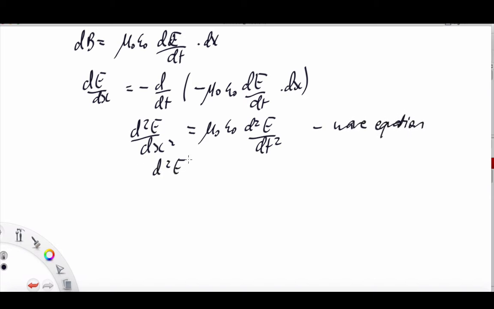If we were to do it as d²E/dx² minus μ₀ε₀ d²E/dt² equals 0, that describes a linear wave.